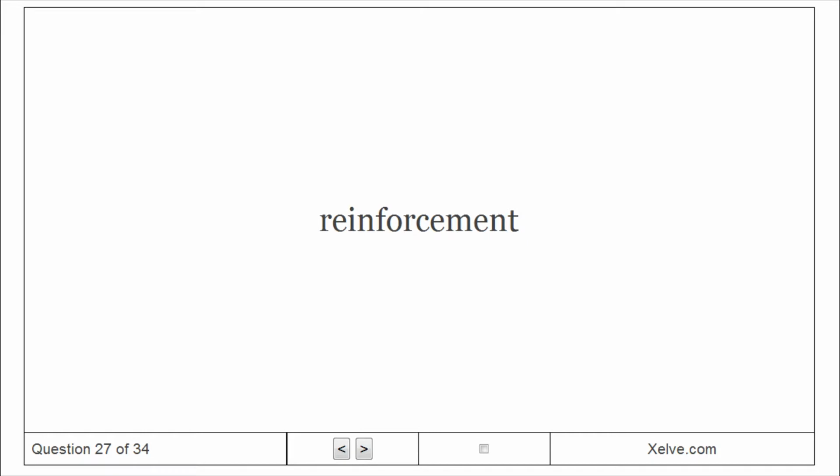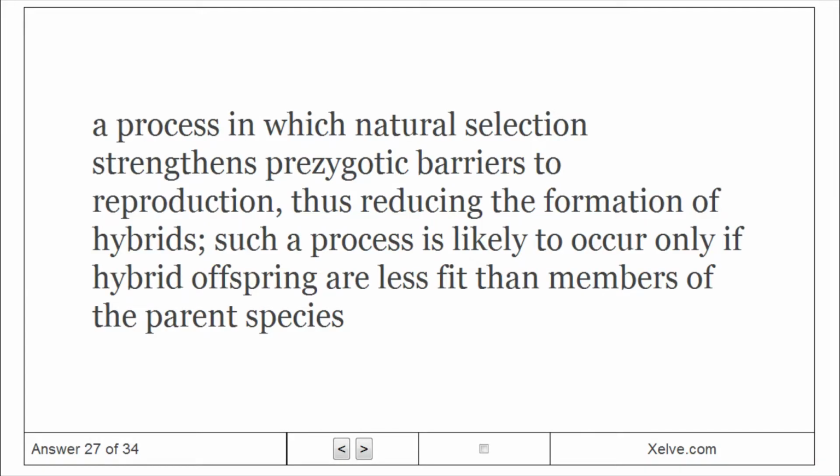Reinforcement. A process in which natural selection strengthens prezygotic barriers to reproduction, thus reducing the formation of hybrids. Such a process is likely to occur only if hybrid offspring are less fit than members of the parent species.